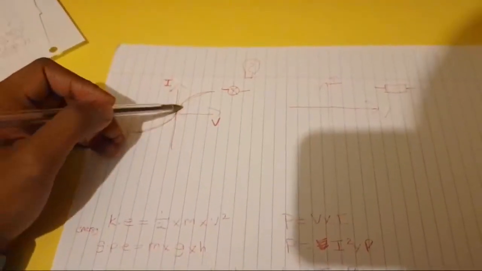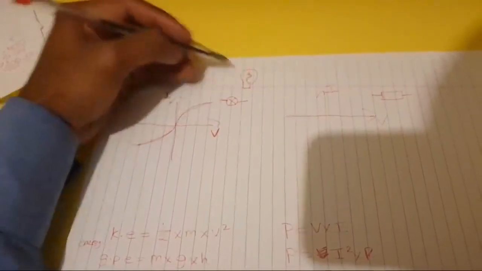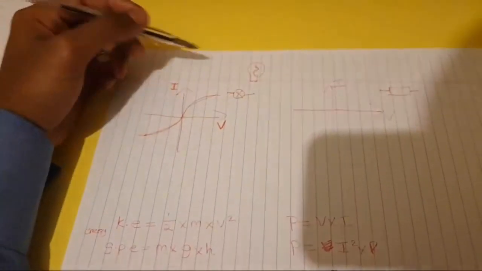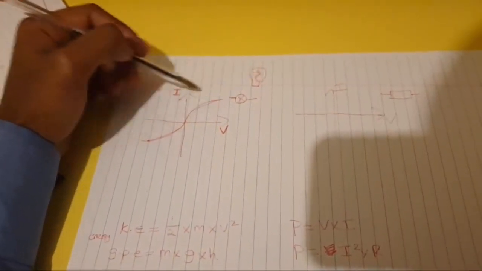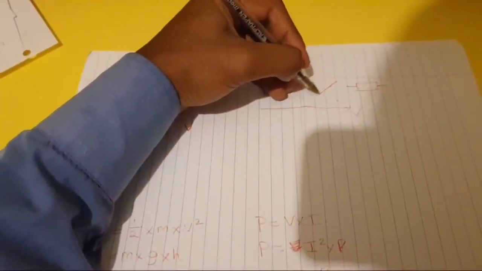As your voltage increases, it increases your current. But we know that in a metal, if your current increases, it heats the metal up, and then the resistance goes up, therefore it kind of curves. So the resistance is not constant for a filament lamp. That's why. So for a fixed resistor, it's just nice and linear like that.